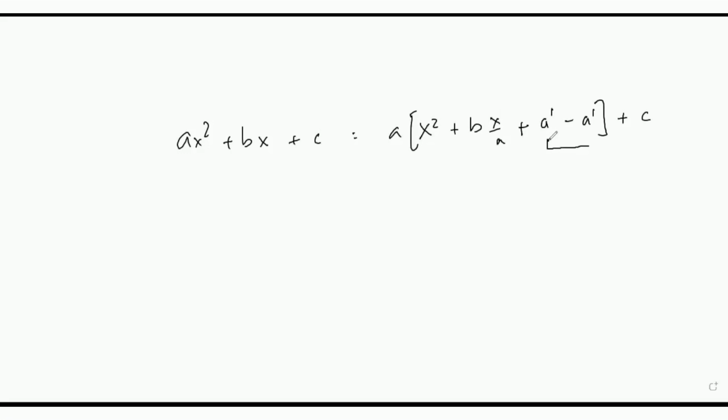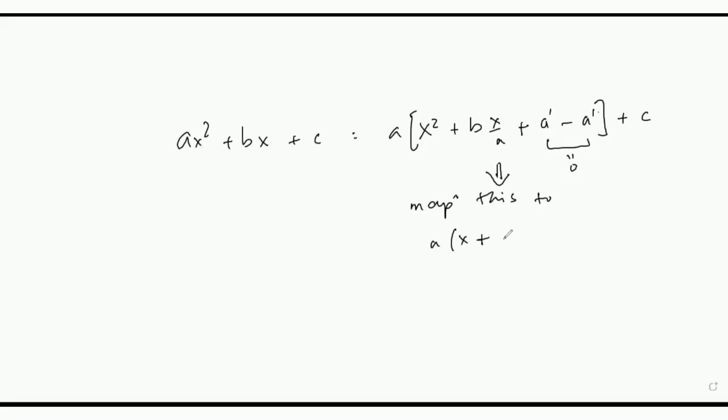Now here I have basically added a 0, but this in the next stage will help me map this to a times x plus, so let's call this a prime square. Oh no, maybe not. Let's just keep it as a prime.